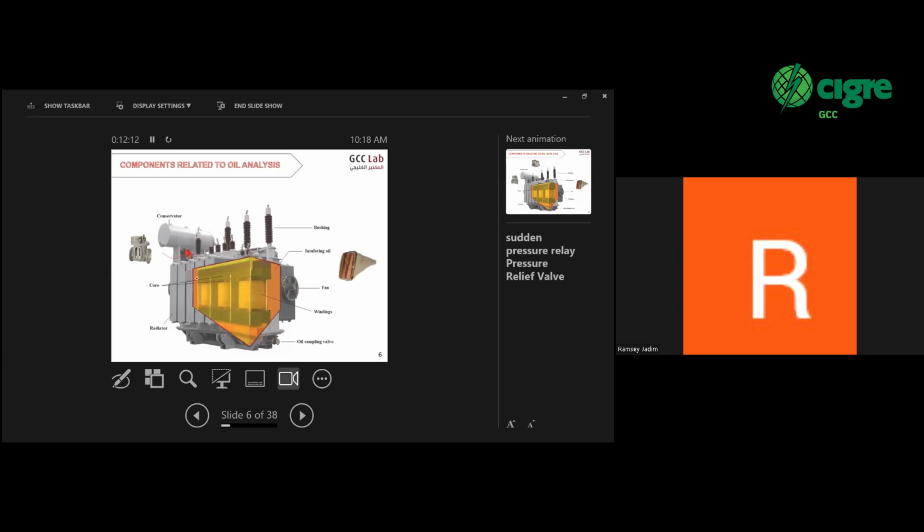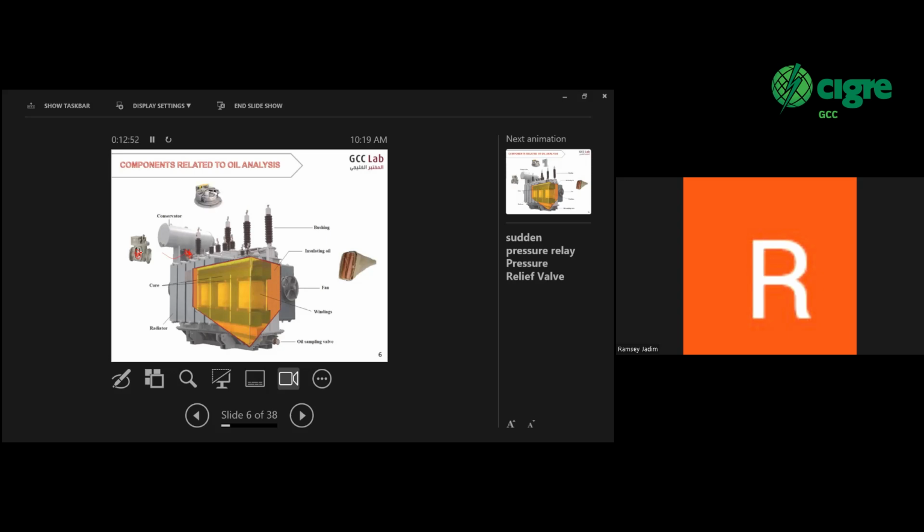If there is any problem in the oil, for example high pressure of the gases coming up or gas bubbles coming up, in this case the gas will be captured here. But if it exceeds some level of gas pressure or gas level, it will trip. And of course, that is a problem if a trip comes from this side.